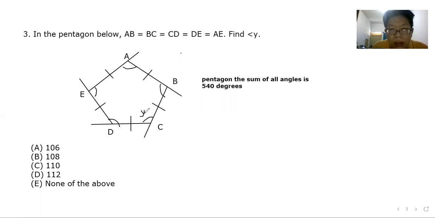If this is y degrees, the other angles are also y. So 5 times y is equal to 540 degrees. So y is equal to 540 divided by 5. We can divide the numbers, and the answer is 108 degrees. Next, number 4.